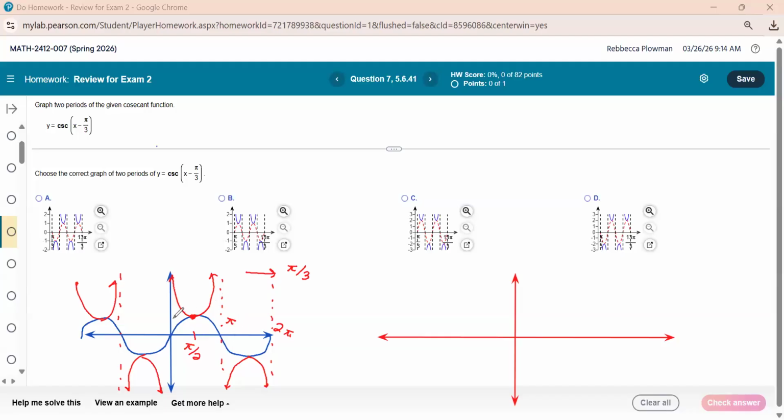So if I'm finding these new points, because we already did some of this, with this pi over 2, if we add pi over 3 to it, that is going to be 3 pi over 6 plus 2 pi over 6, which is going to be 5 pi over 6.